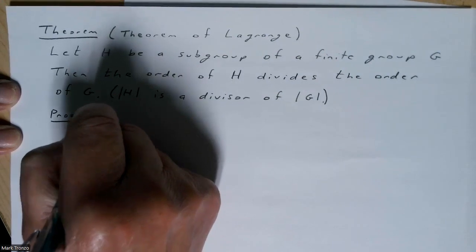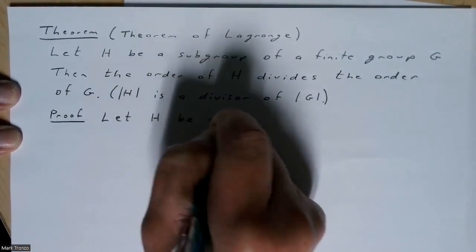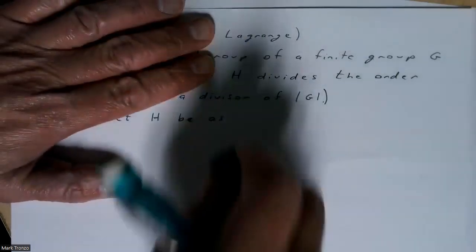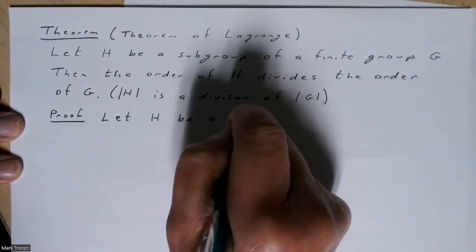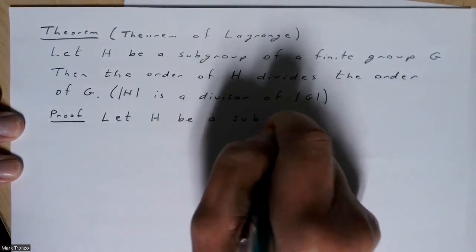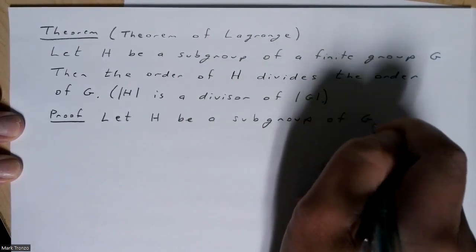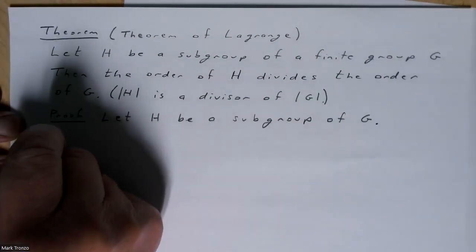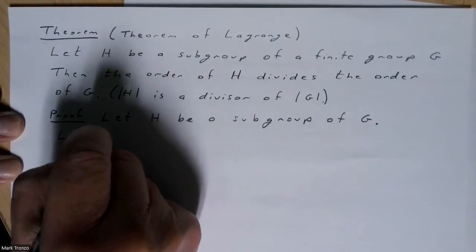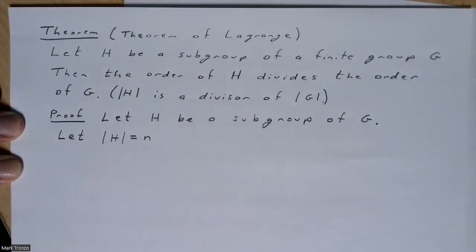And so let H be a subset, excuse me, a subgroup of G. And then let the order of H be some integer n.